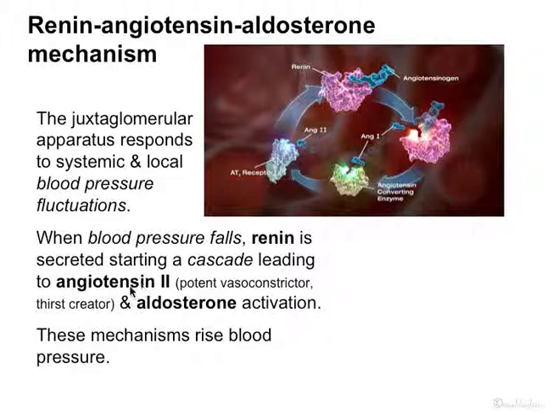It also involves some factors from the lungs, and goes through angiotensin 1 and 2. The 2 is a very potent vasoconstrictor and a thirst creator, so we drink more water. Then aldosterone is activated and activates sodium reabsorption from the filtrate, which brings water with it and raises the blood volume further. And so that raises blood pressure, of course.